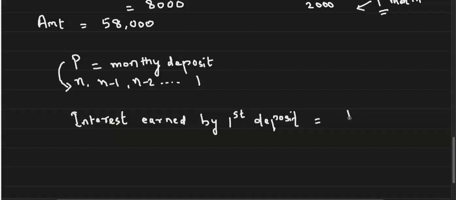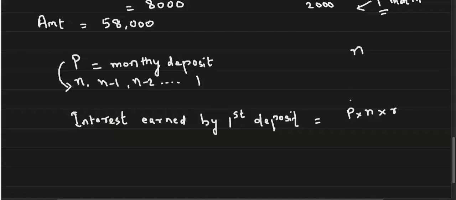However, we have 24 months, but let's say the total term is N here. The rate of interest we take as R because we are deriving a formula. I'm just giving the numbers 2000, 8% and 2 years as examples, so don't get confused. Whenever we are deriving a formula, we have to use these letters only.